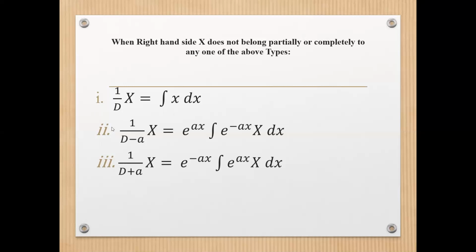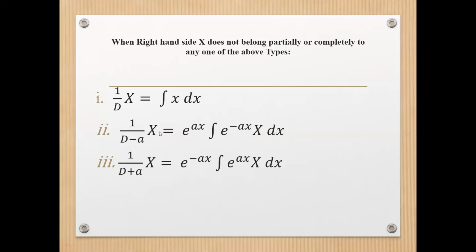See formula number 2, 1 upon D minus a of X. Whenever this term occurs, instead of this term we have to write e raised to ax integration e raised to minus ax X dx.